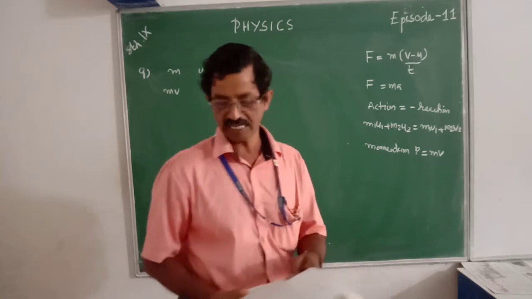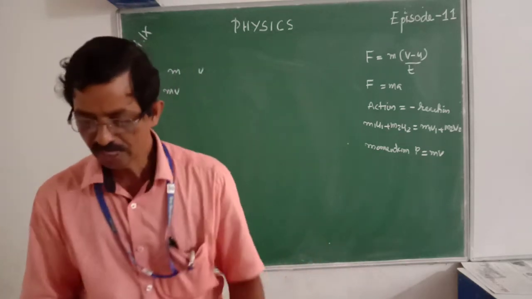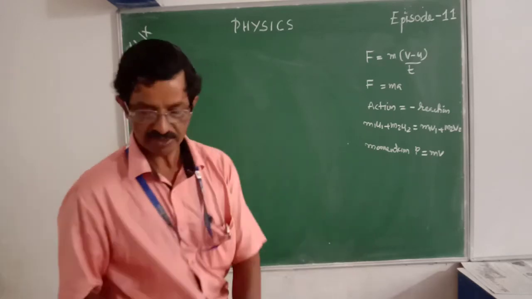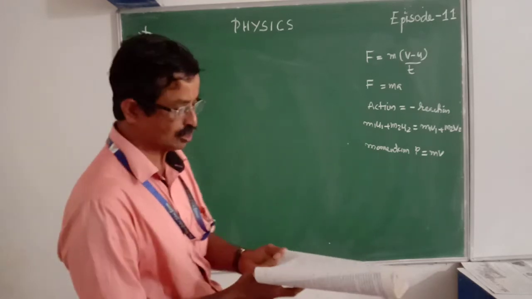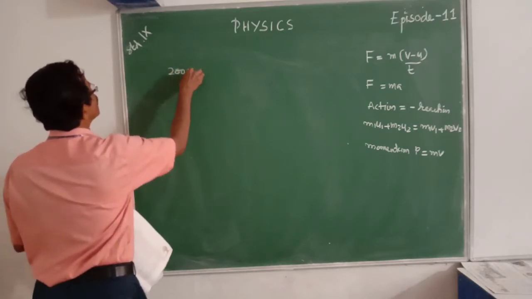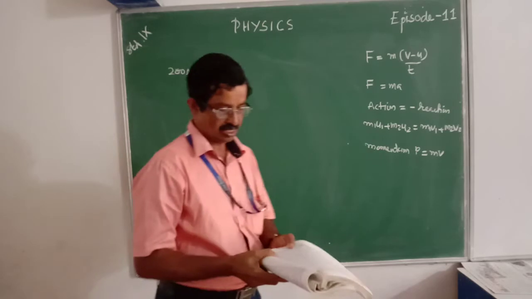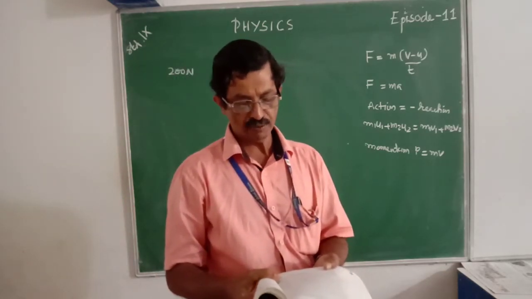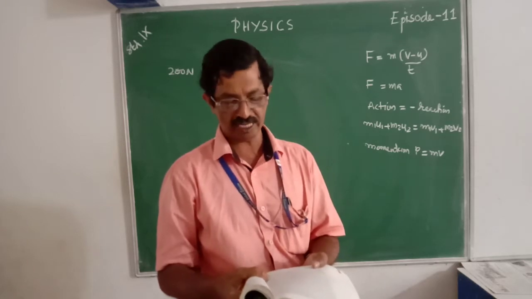Now question number 10. Using a horizontal force of 200 Newton, we intend to move a wooden cabinet across a floor at a constant velocity.